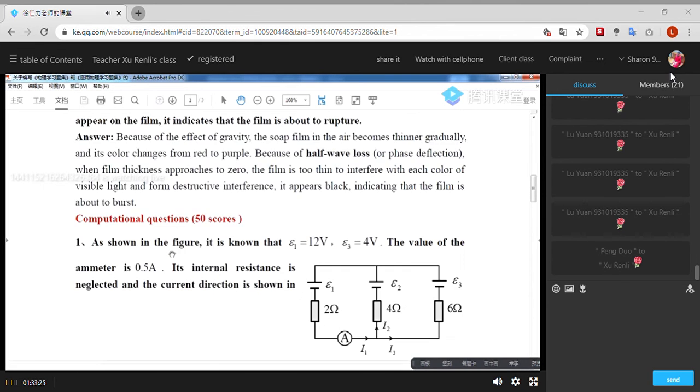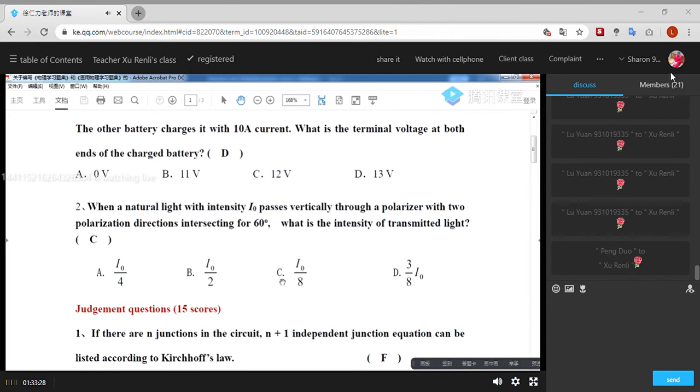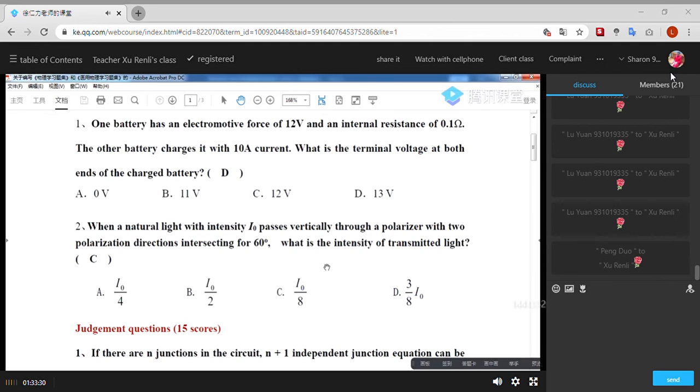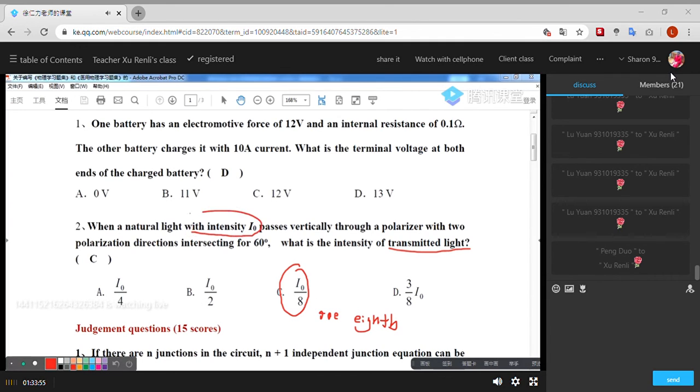The answer for the choice question is C. It means that the intensity of the transmitted light is 1/8 of the intensity of the natural light.